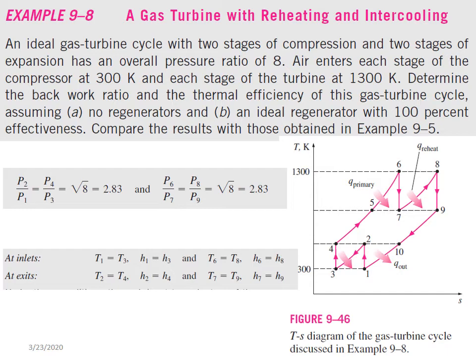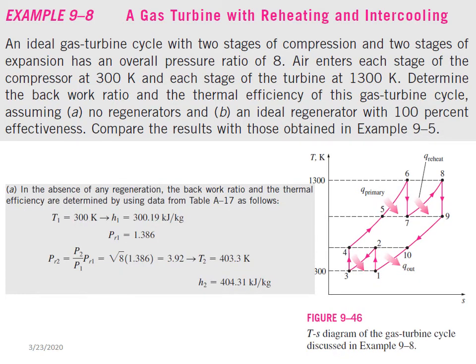So in case of no regeneration, or in the absence of regeneration, the back work ratio and the thermal efficiency can be calculated by using table A17. At point number 1, the temperature is known, 300 Kelvin.